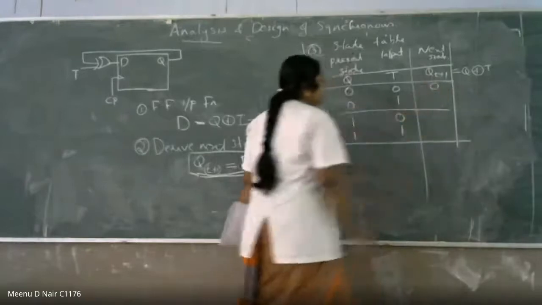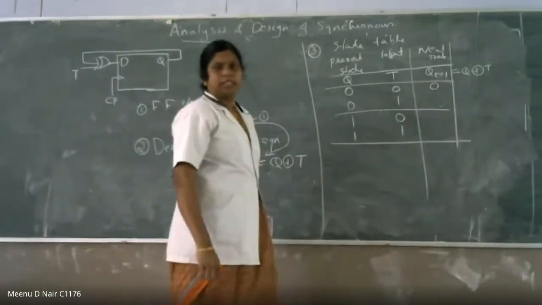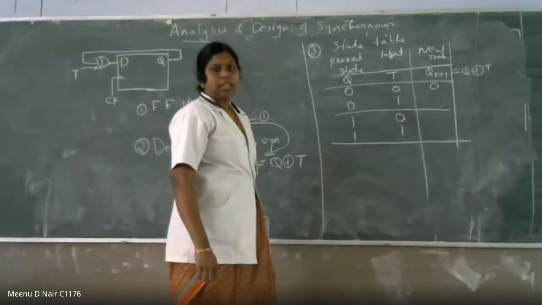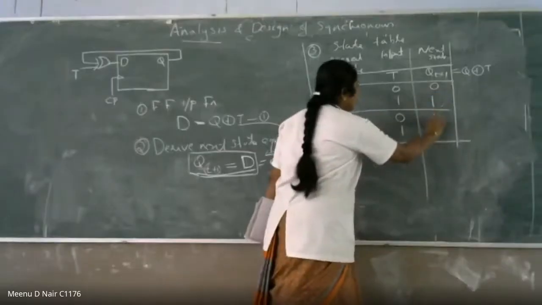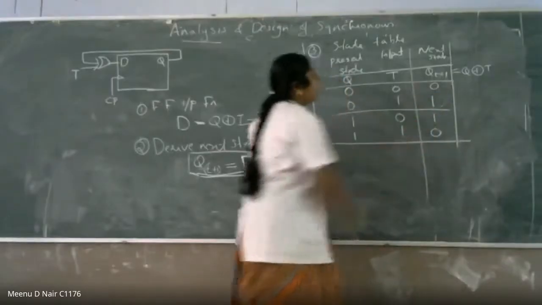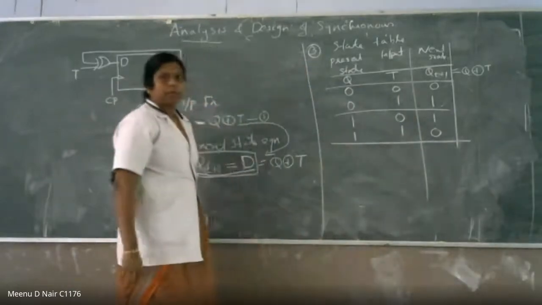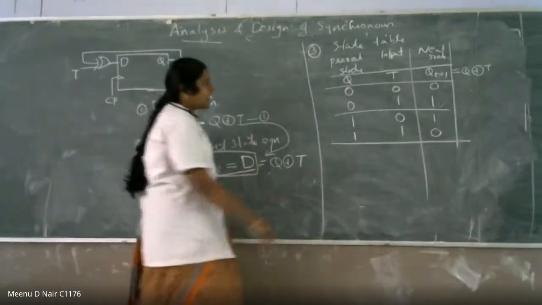What is the output of 0 XOR 1? It is 1. 1 XOR 0 is 1, and 1 XOR 1 is 0. Now your state table is over.